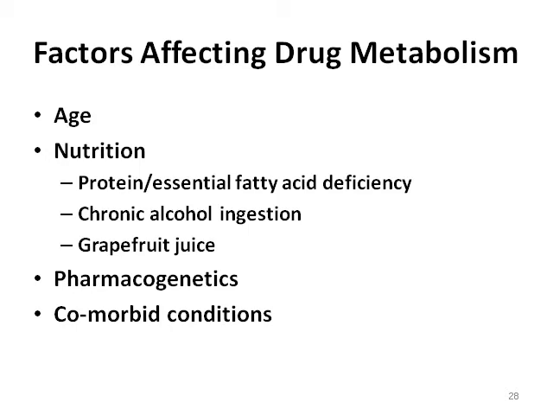Chronic alcohol ingestion can affect drug metabolism, and grapefruit juice. We don't like to see a number of drugs being taken with grapefruit juice. Also, we'll talk about pharmacogenetics very briefly. Just give you an overview of that in just a few moments. And the other thing is there's various comorbid conditions like liver damage or liver dysfunction, kidney dysfunction can affect drug metabolism.